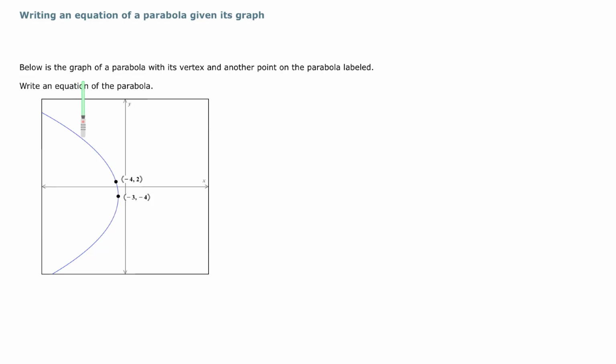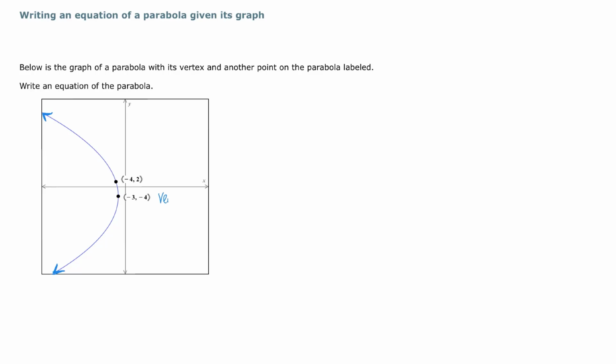Below is the graph of a parabola with its vertex and another point on the parabola labeled. Write an equation of the parabola. First thing you want to do is probably put arrows here. You got to remember there are arrows there so that those ordered pairs go on forever.